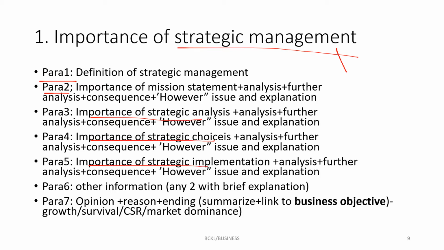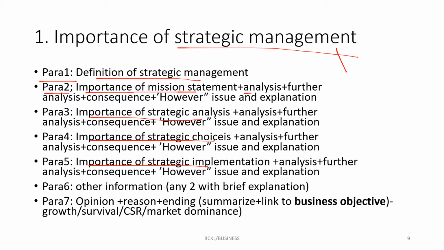So firstly, the definition of strategic management. You have to define the business strategy, strategic management, in terms of the objectives being SMART and all. And then we move on to the importance of the mission statement, where is the business now and all.